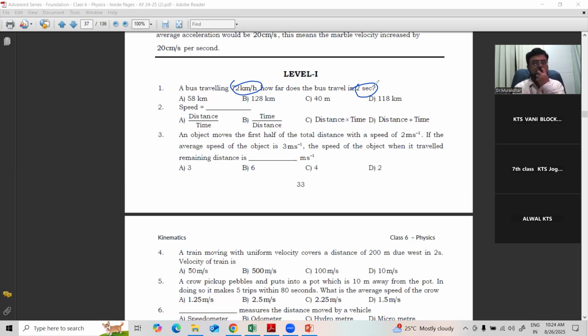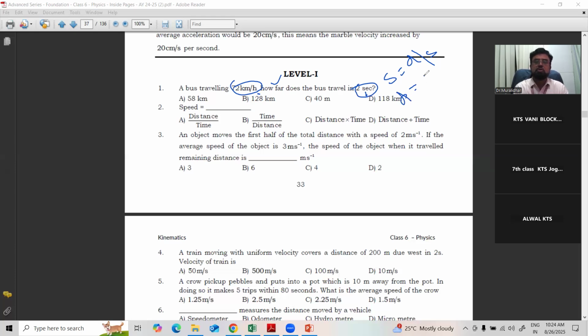So here speed is given, time is given. Speed is equal to distance by time, right? Your conversion is required. Here time is in seconds, and speed is in kilometer per hour. Either you convert this into meter per second, or you convert time into hours.